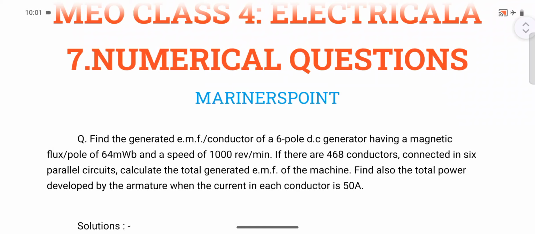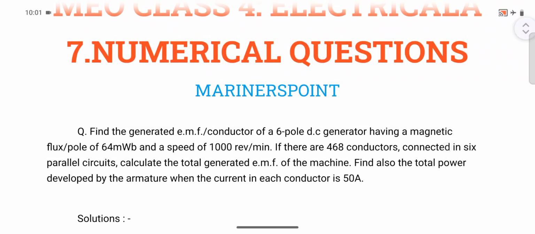Question we have: find the generated EMF per conductor of a 6-pole DC generator having a magnetic flux per pole of 64 microweber and a speed of 1000 revolutions per minute, if there are 468 conductors which are connected in 6 parallel circuits.